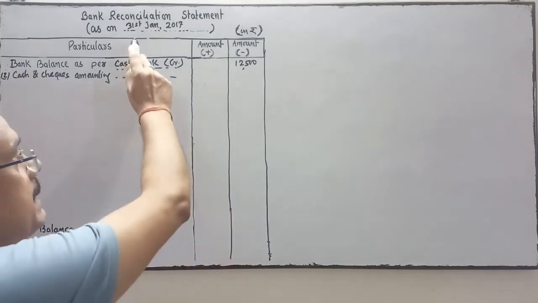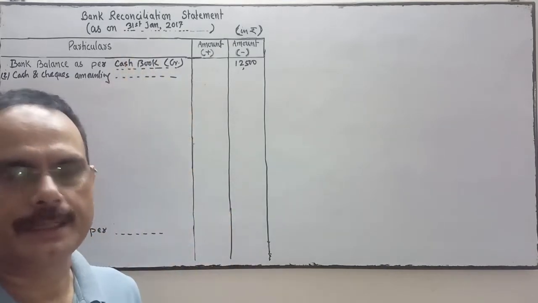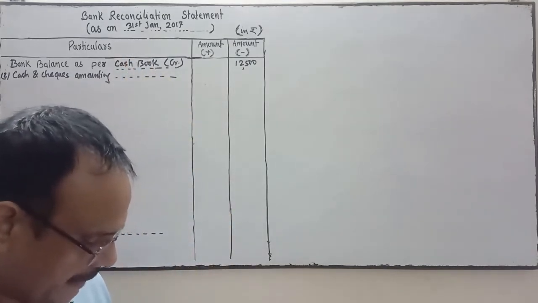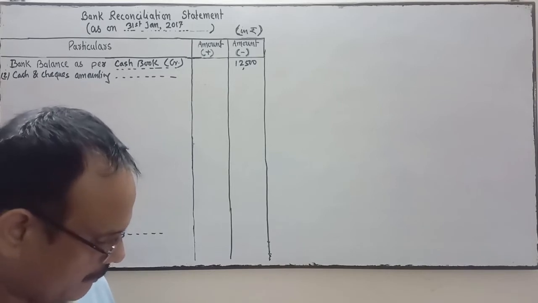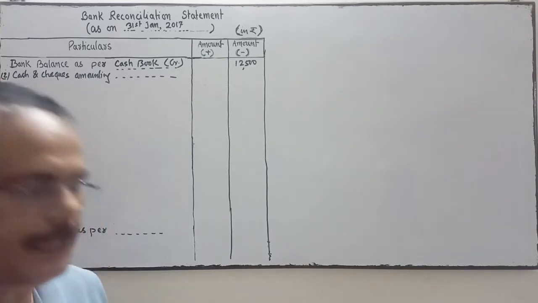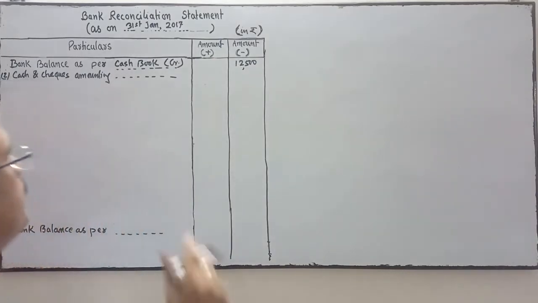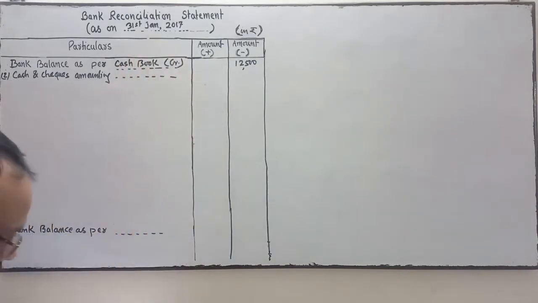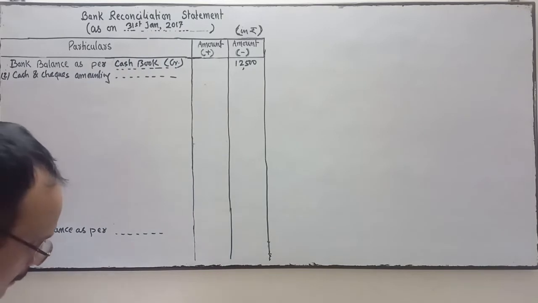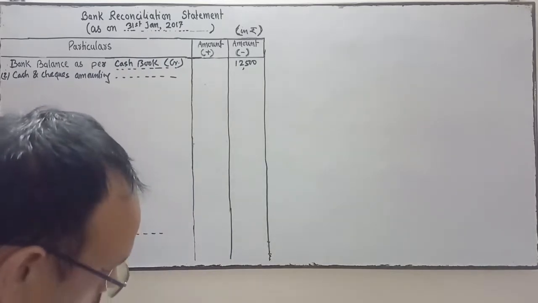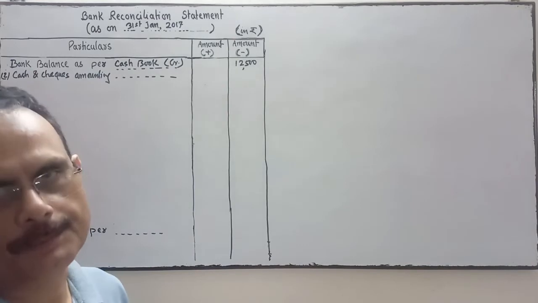Our reconciliation date is 31st January and it was sent to bank on 27th January, but the check of rupees 230 was credited on 2nd February, meaning after the date of reconciliation, and one check of 45 was returned by the bank as dishonored on 4th February.